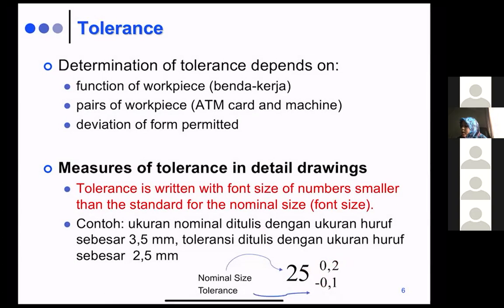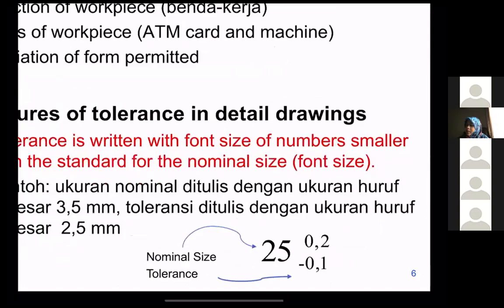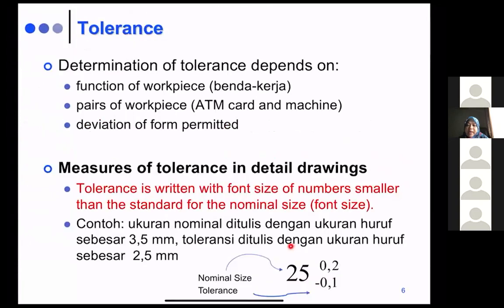That means it's allowable to make the part with that length with a tolerance of 25.2 and maybe 24.9, which is from 25 minus 0.1.